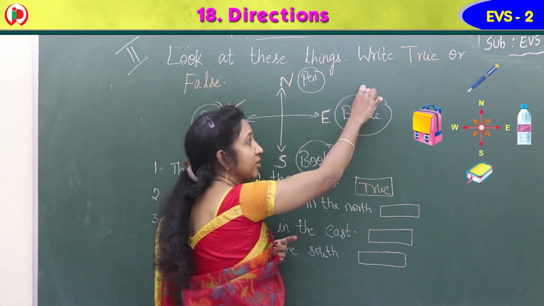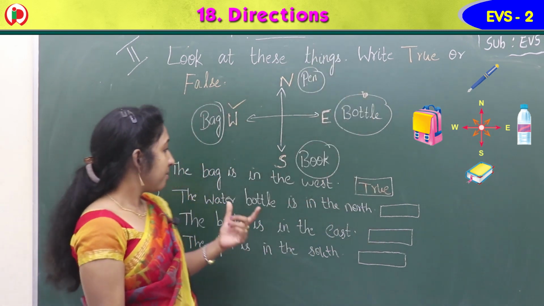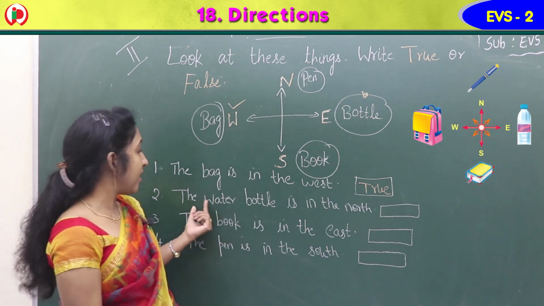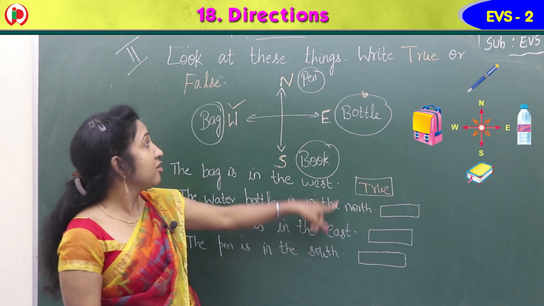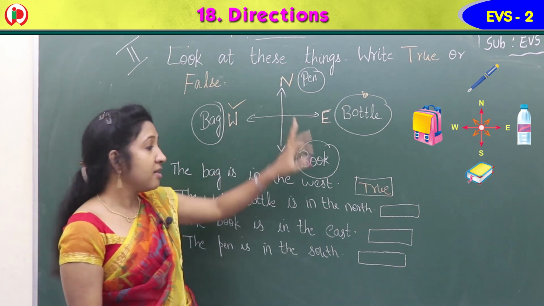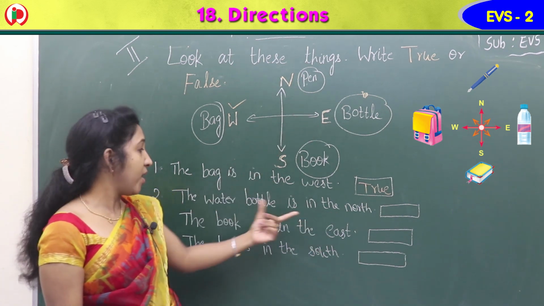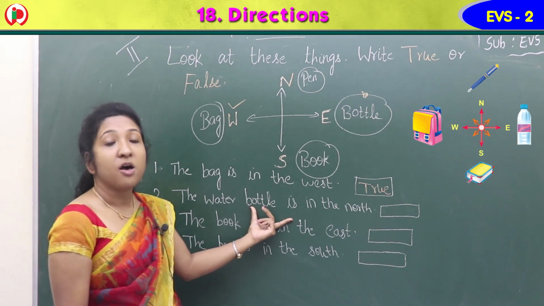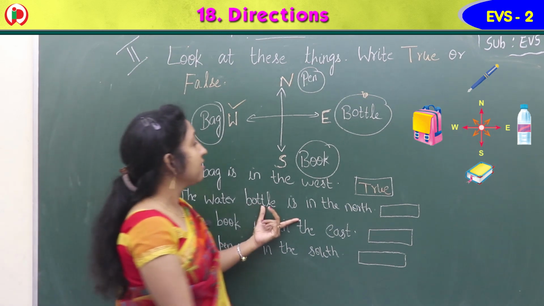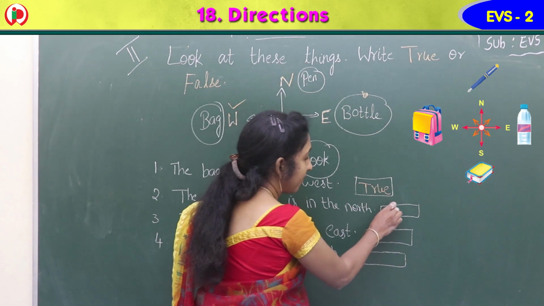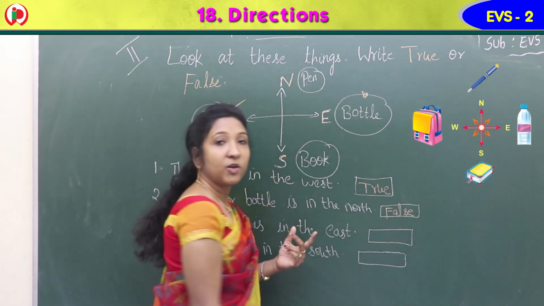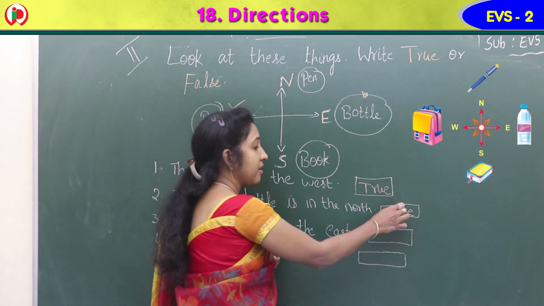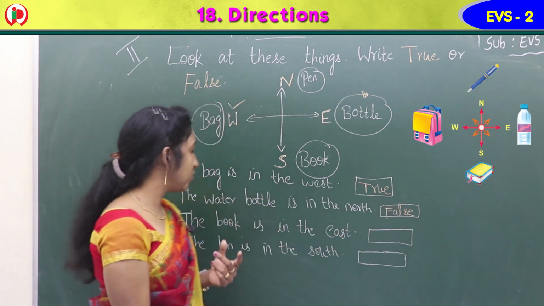But they have asked, the water bottle is in the north. North is pen, not water bottle. So the given statement is wrong. Water bottle is in the north is wrong. So you have to write false. F-A-L-S-E, false.